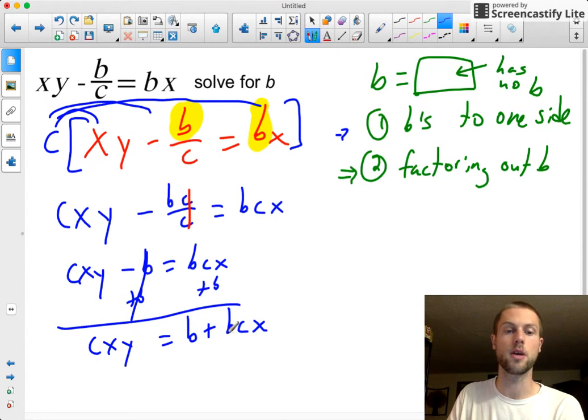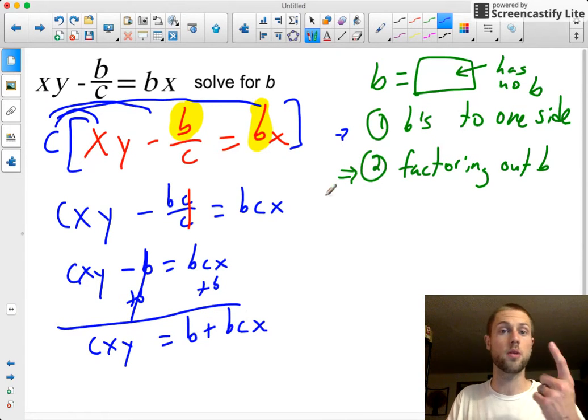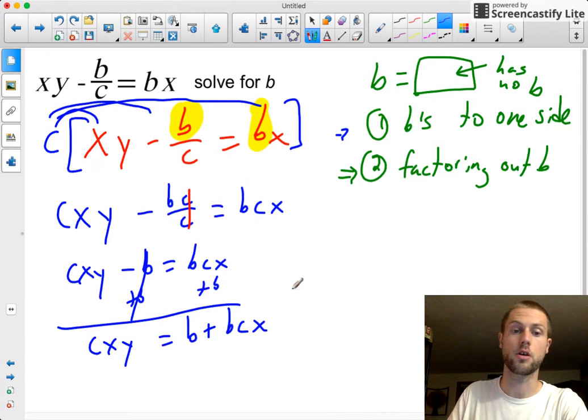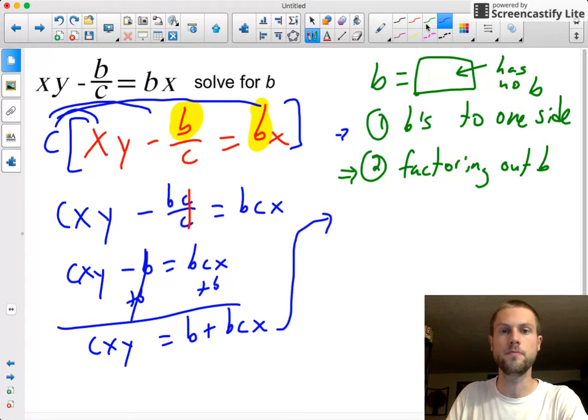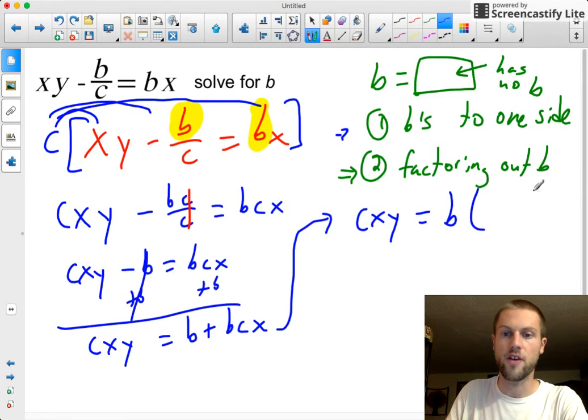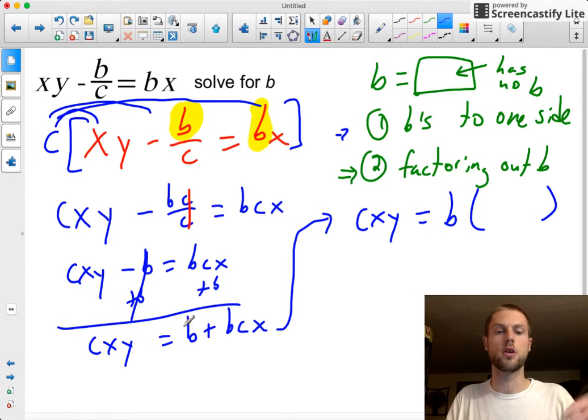By factoring out the b, I'm going to have just one b left in this equation and no longer two. So I have cxy, that's the same. That's going to equal b. Now if I factor out a b, remember you're thinking kind of like reverse distribute, take out b from this and from this.